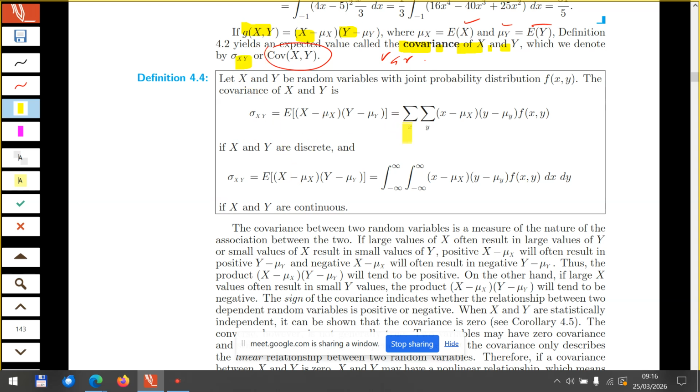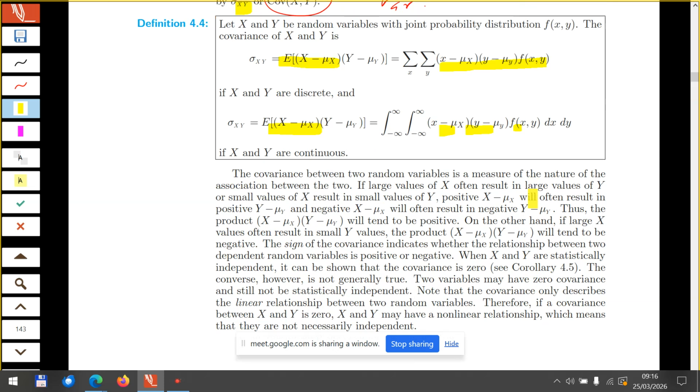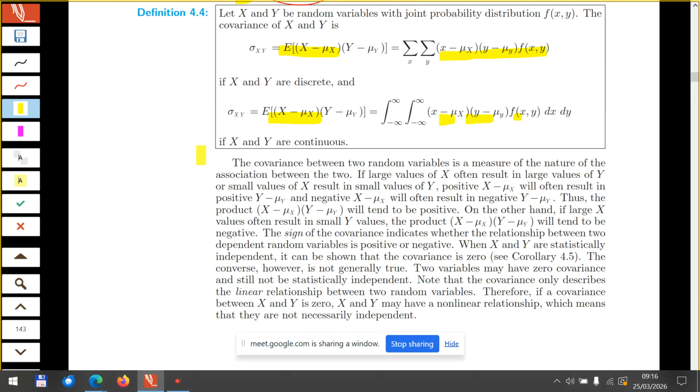Here we have these two versions, for discrete and continuous. This side will be the same, but it will be a summation in one case and an integral in the other. And remember this explanation: you expect large values of x to co-vary with large values of y, and small values of x to appear with small values of y.